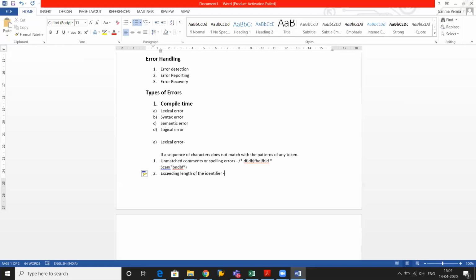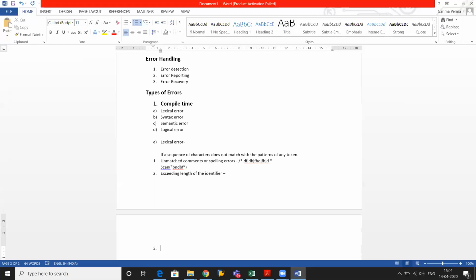So when you're defining a name, there are proper conditions to define it, and second, there is a restriction on name length. For example, in Fortran, the identifier can be of only 7 characters. So when you are defining a variable name, it shouldn't be greater than 7 characters. Similarly, in C language, it shouldn't be greater than 32 characters. So if you're defining an identifier name which exceeds the limit, then you will get a lexical error, exceeding the length of the identifier.